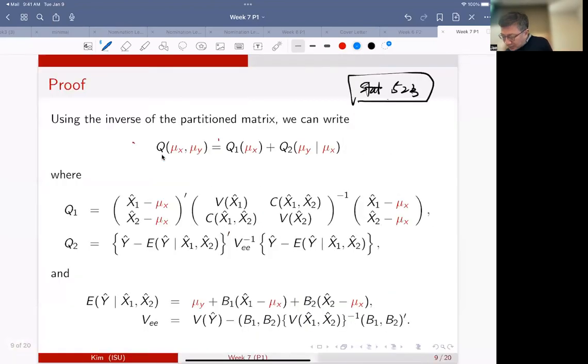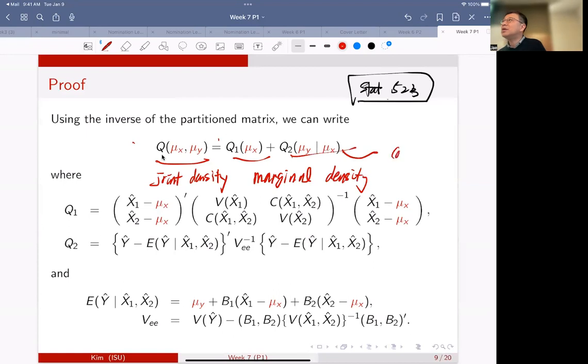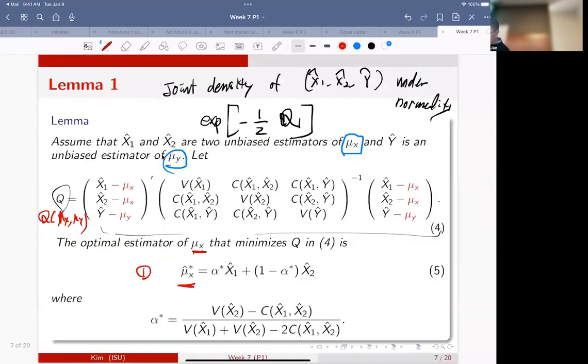Then the nice thing about the joint density is that the marginal and conditional are also normal. So this is the joint density, this is the marginal density, and this is the conditional density. When we derived the marginal density of the Gaussian distribution, we used the formula for the inverse of a partitioned matrix.